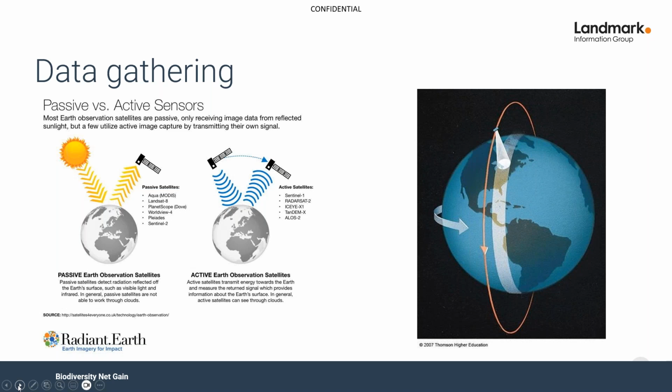So that gives us very good temporal data, and we can also use previous data, so we can see changes throughout the seasonal growth or any other aspect of that.